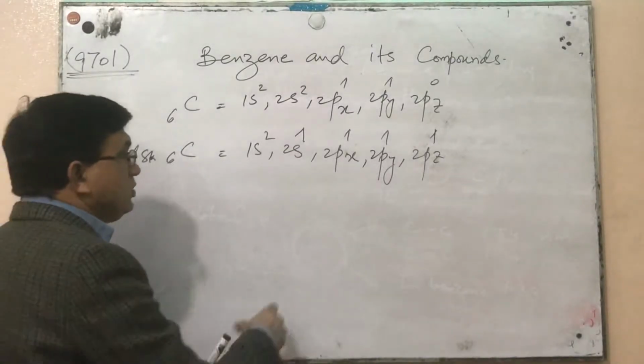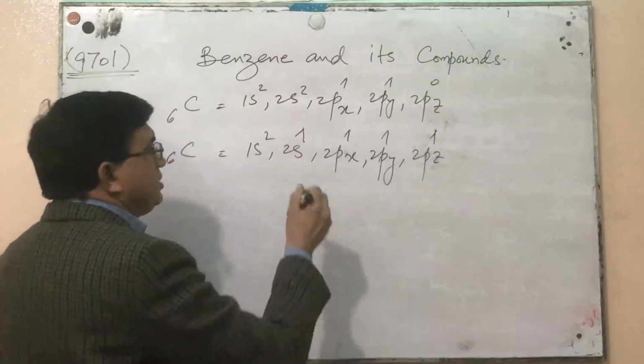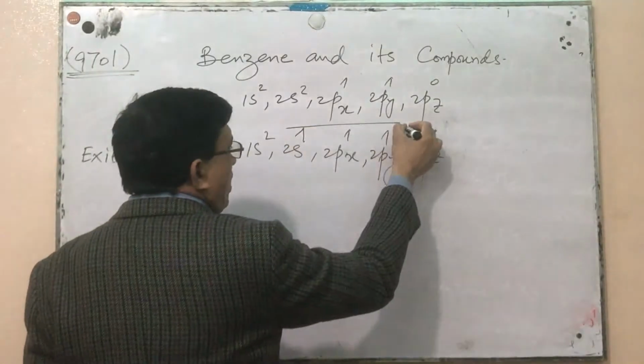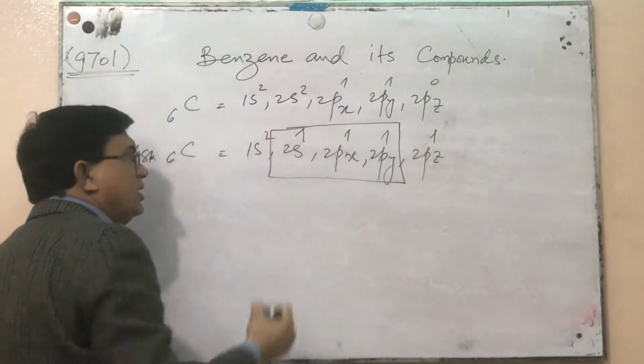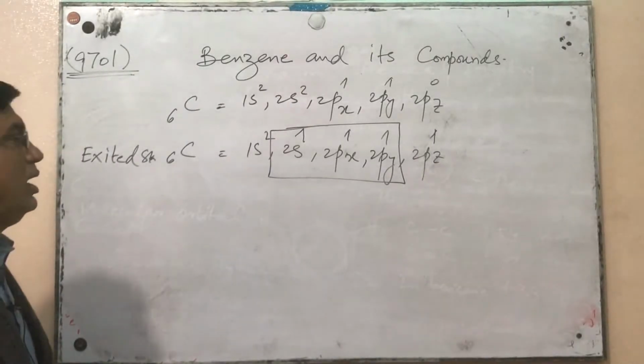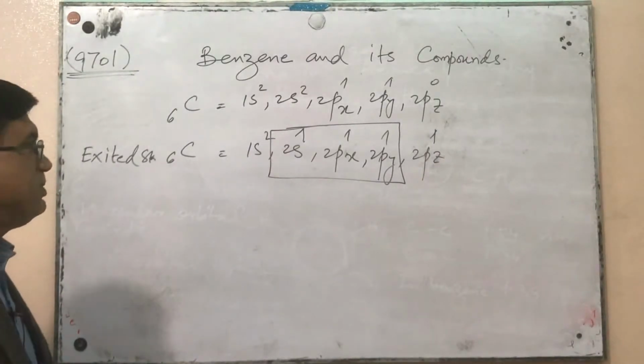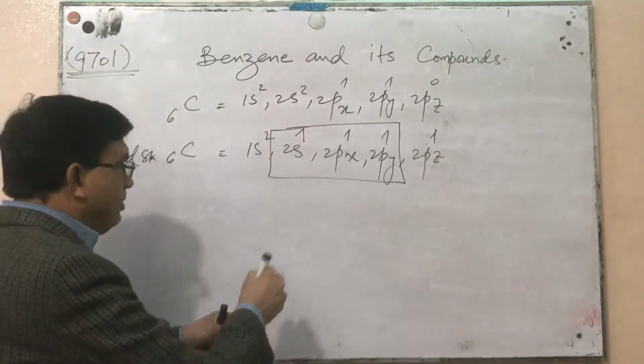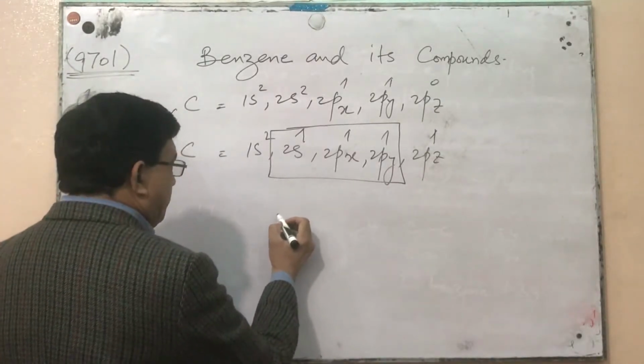Now, for the explanation of the benzene structure, we assume that the 2s and 2p orbitals intermix together to give 3 hybrid orbitals, and each is called an sp2 hybrid orbital and can be represented just like this.